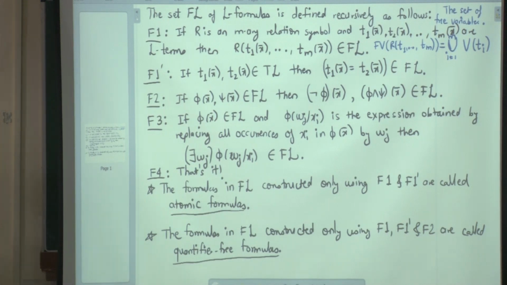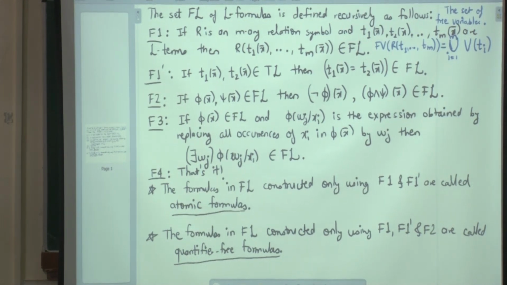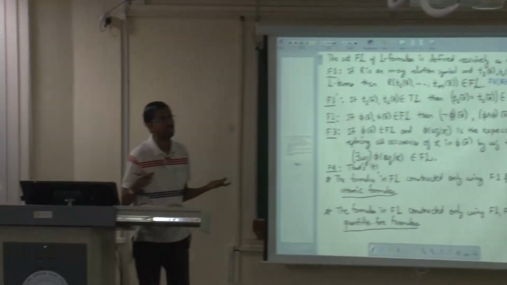Suppose my term t1 is x and t2 is y, and R is less than or equal. Then what is the set of free variables? x comma y. I am taking the union over here. Let me call it var, and free variables fvar, and the set of variables in the terms ti, you take unions. Simple thing. We are keeping track of the free variables over here.